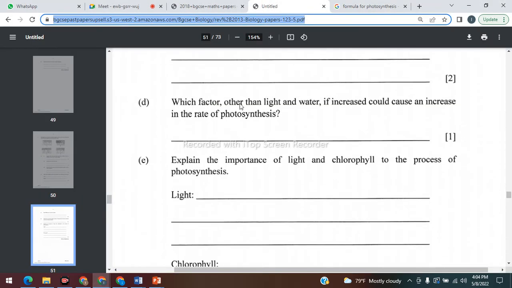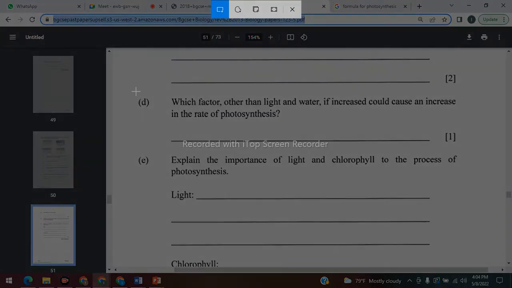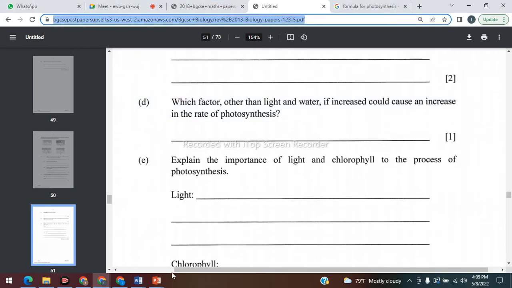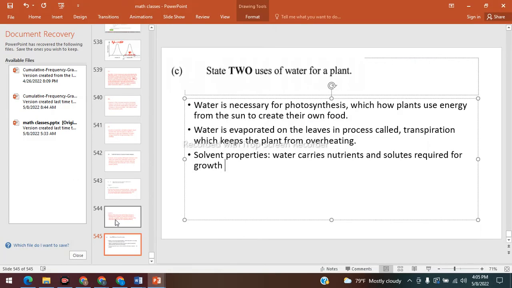Which factor, other than light and water, if increased, could cause an increase in the rate of photosynthesis? The increase of palisade mesophyll. Increase in palisade mesophyll, that's true.